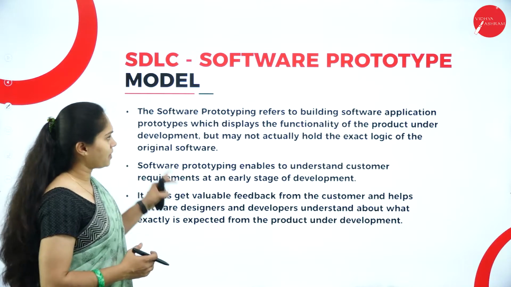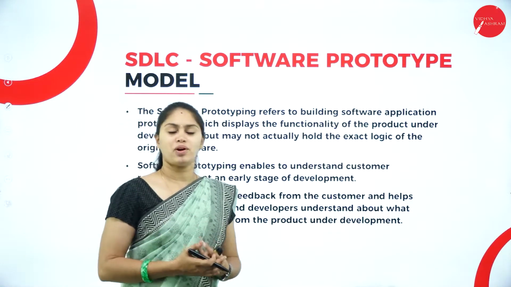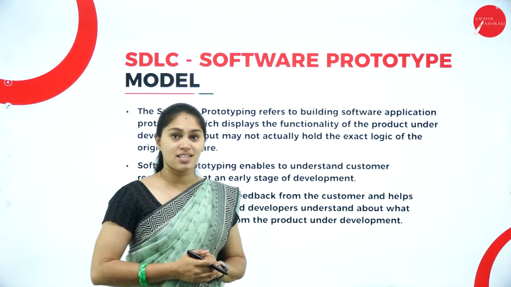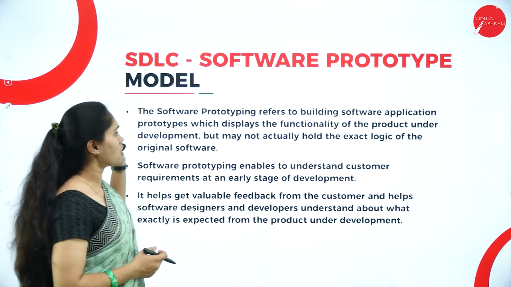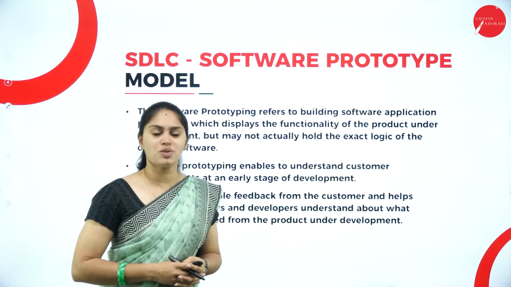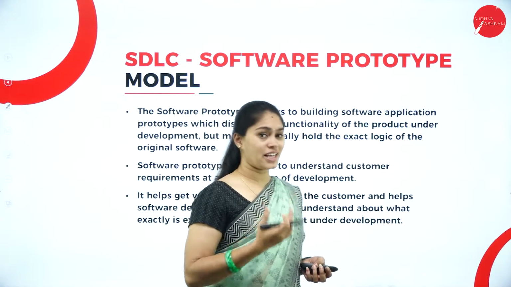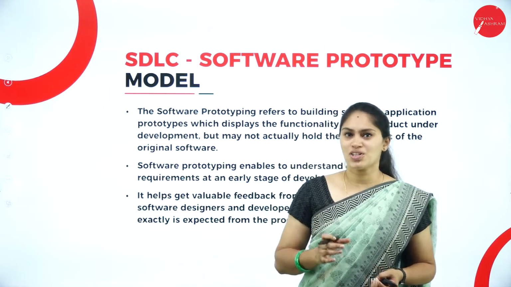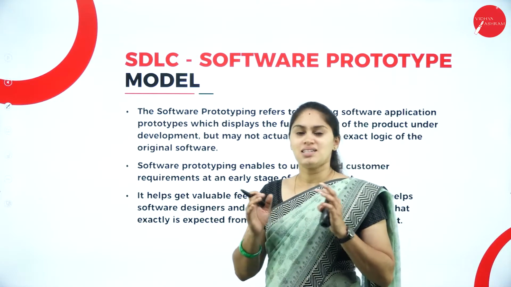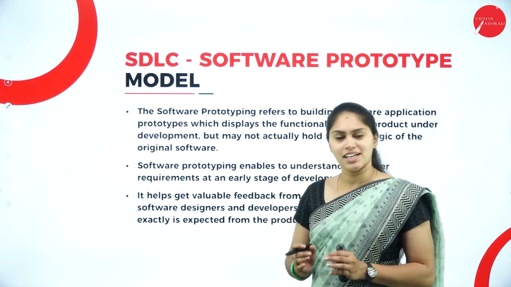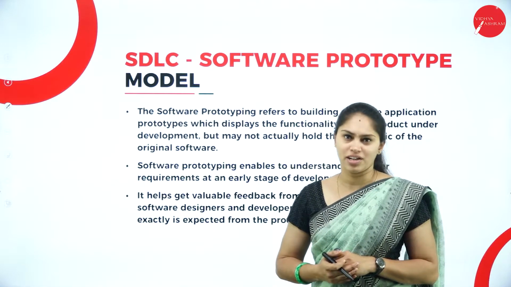When we are developing that particular problem or a project or a product, we can design that by making use of this software prototype model. So it's like a dummy model. They are not incorporating the actual functionality in the dummy model. They are simply giving you the core functionality of the system that the user wanted to have.